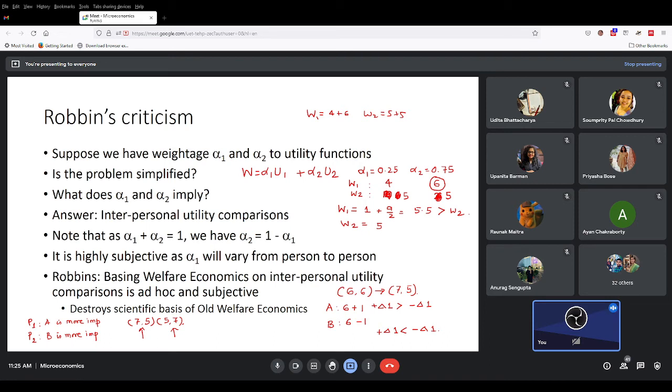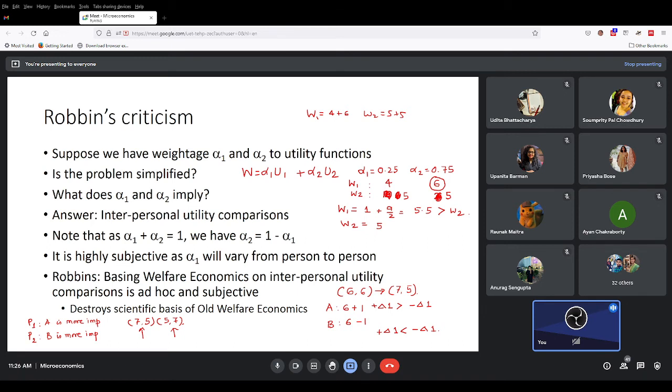Think of them as capitalists or labor. You believe that workers should get a good deal. That will lead to a particular type of decision making. But someone else believes that if you favor capitalists, then growth is going to go up in the long run, and the workers will also benefit. So in that case, your policy should be in favor of capitalists.